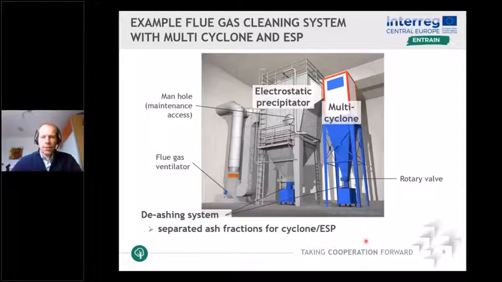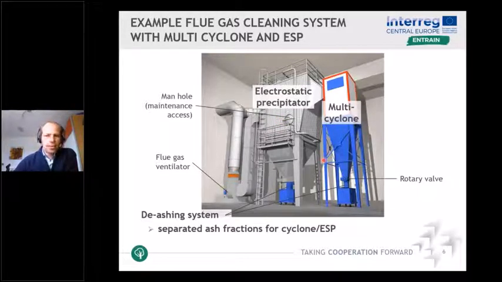A very common combination of the two technologies I just presented is a combination of a multi-cyclone and electrostatic precipitator, for a first stage cleaning from coarse fly ash and then a second stage for the cleaning of fine dust.